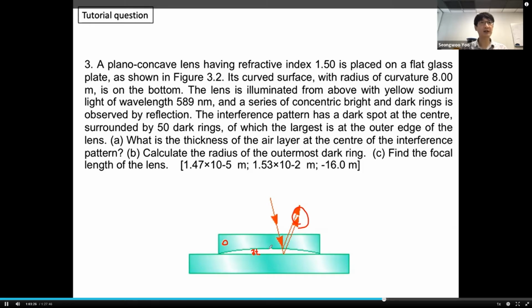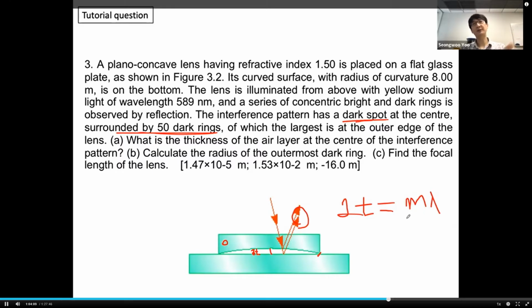In other words, our thickness is going to be maximum in the center, and a minimum on the edge. Then, when you set the equation for the dark fringe, in the question we are interested in the dark fringes, the dark spot surrounded by dark rings. So you set the equation for destructive interference: 2 times T, with index 1 because we look at this air gap, equals m lambda for the dark fringe.